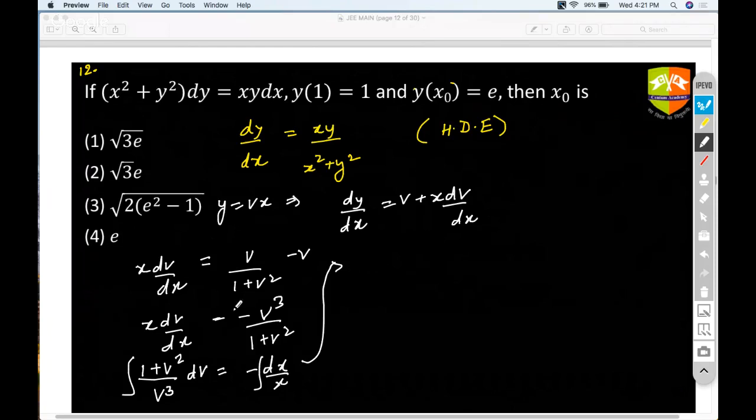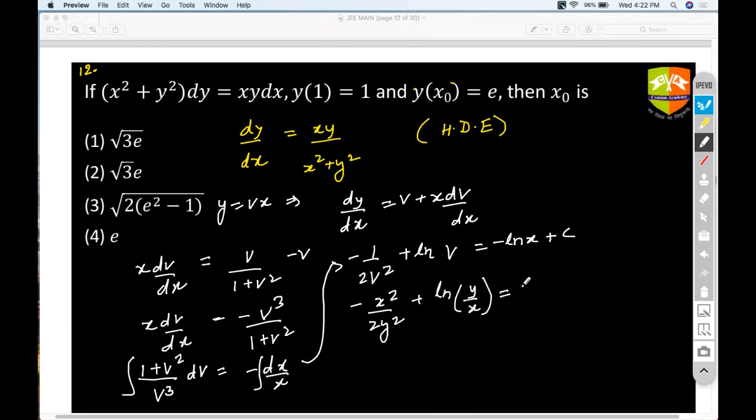So this one will give me integration of 1 by v cube, which is going to be negative 1 by 2v square, plus integration of 1 by v is going to be ln v, minus ln x plus c. That's like saying minus x square by 2y square plus ln y by x is equal to negative ln x plus c.